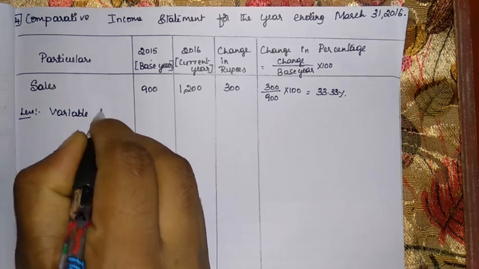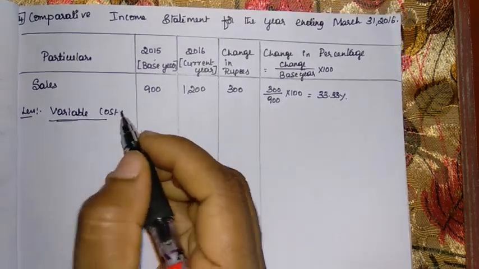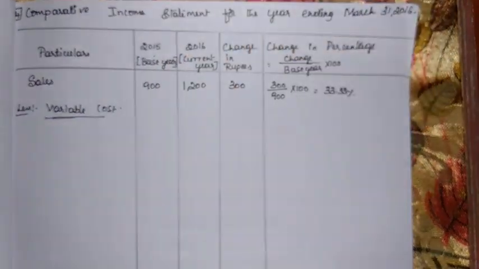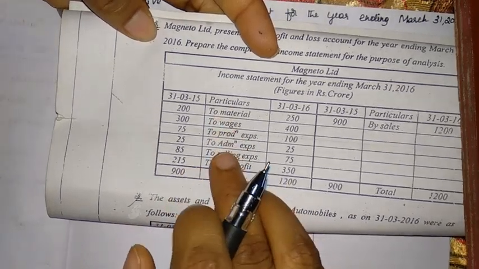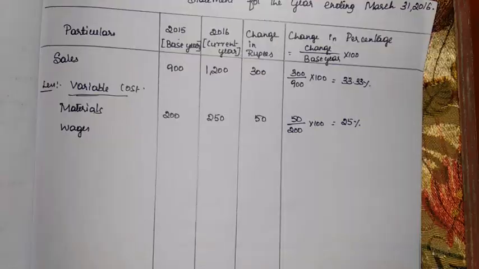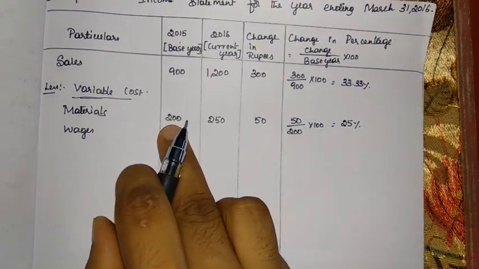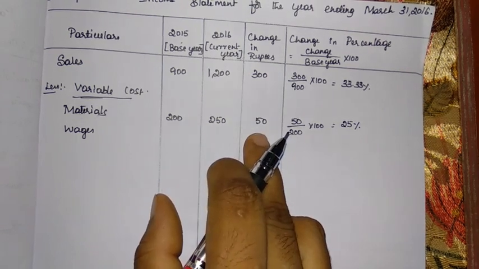Which are the variable costs here? You already studied this in the previous semester, that is the preparation of an income statement. Here variable costs are material and wages; others are fixed costs. Material cost is 200 in the base year and 250 in the current year, so the increase is 50 crores.